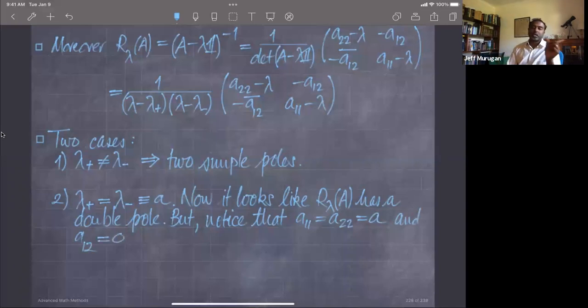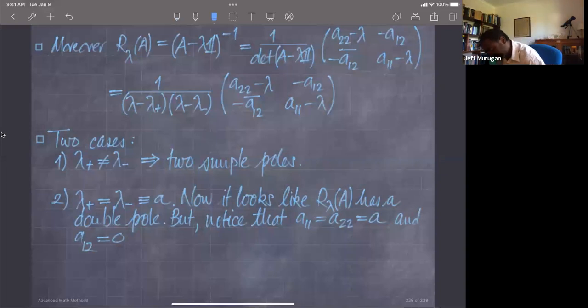So the only way that I can get two coincident poles is if the diagonal elements are both equal to a, and the off-diagonal elements are both vanishing.